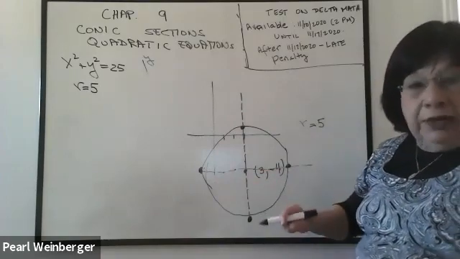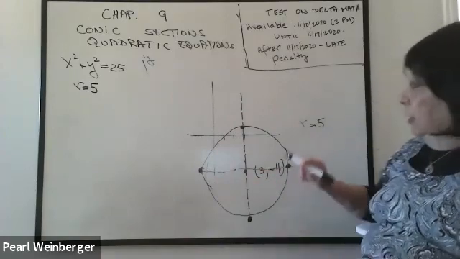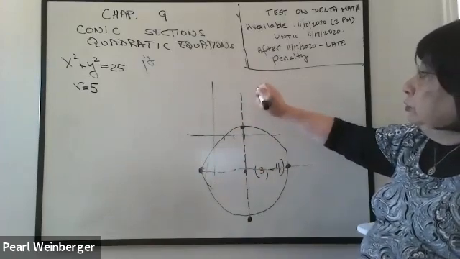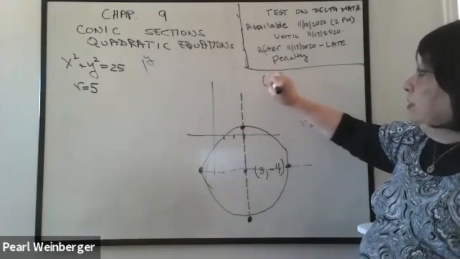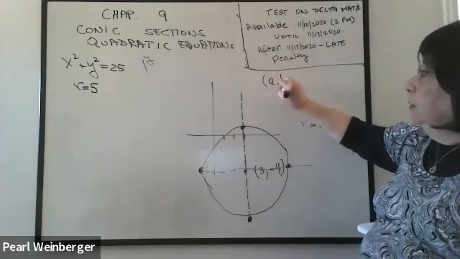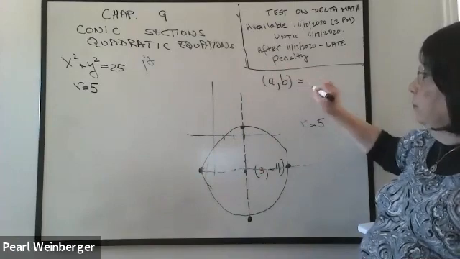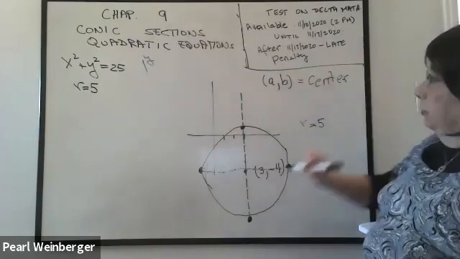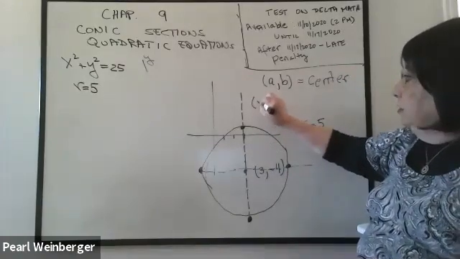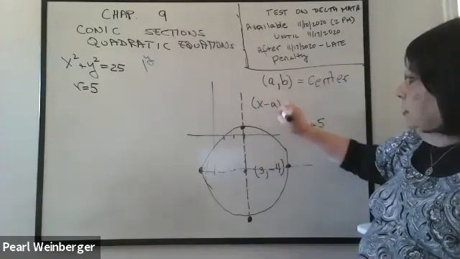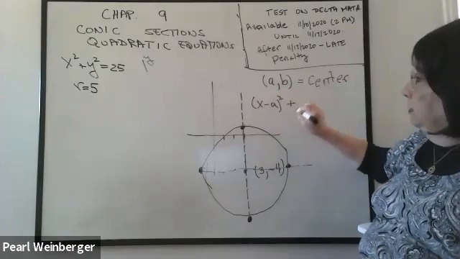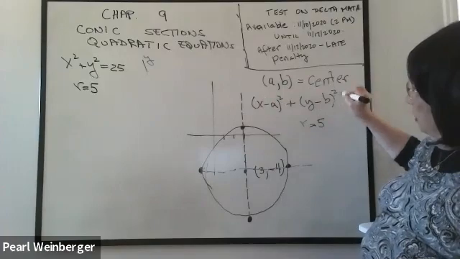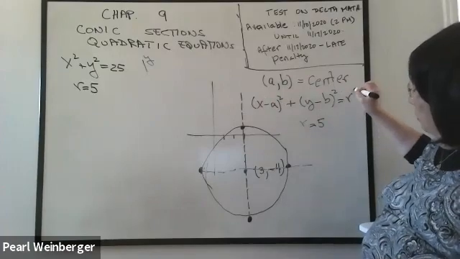But what is the equation of that circle going to look like? The standard equation of a circle whose center is at the point a, comma b, has this formula: x minus a squared plus y minus b squared equals r squared.